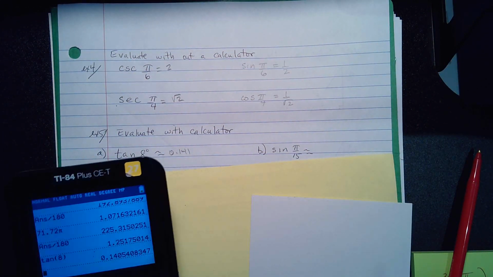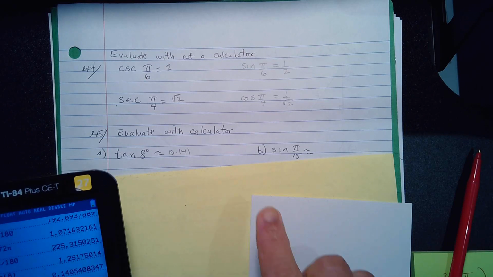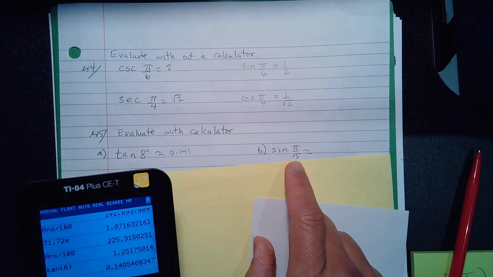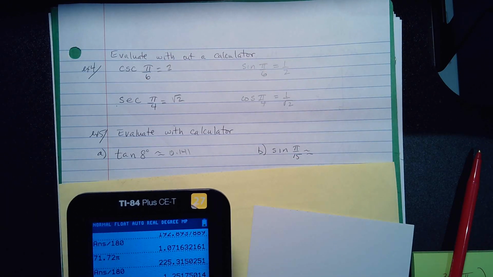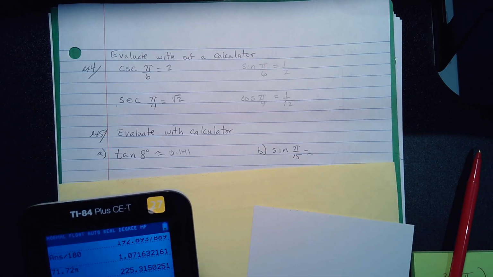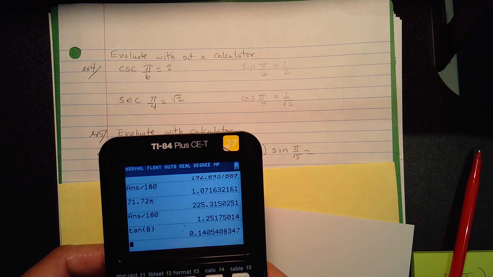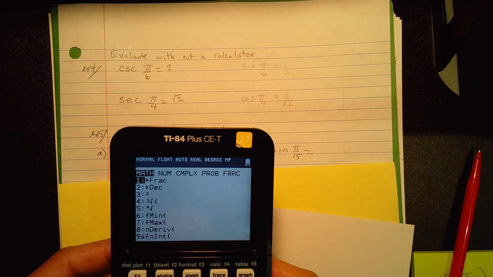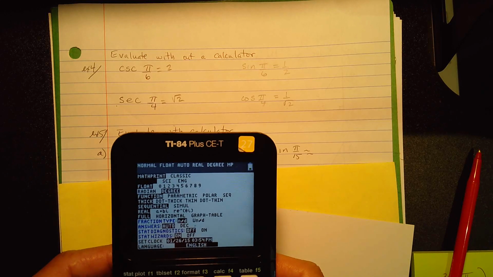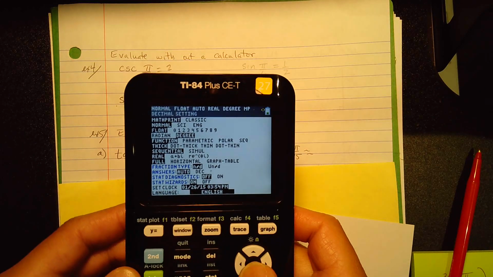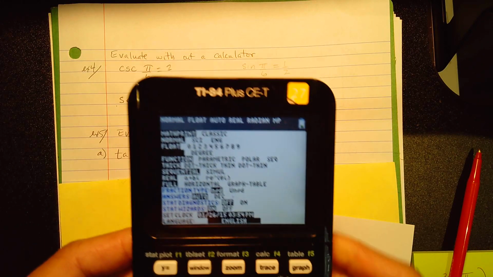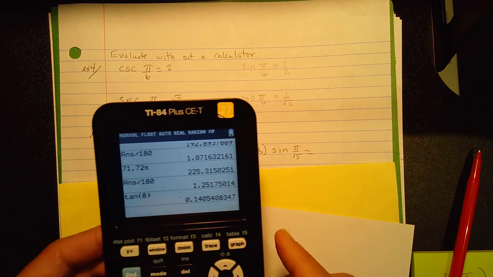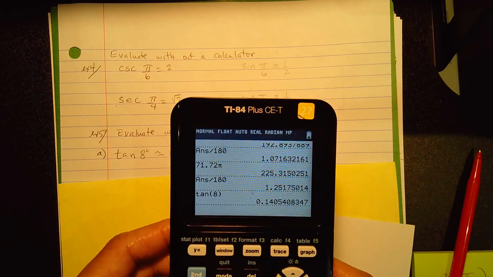Alright, here is radians. The reason I know this is radians is because I see the pi symbol. So whenever you see the pi symbol, that means we're talking about radians. Alright, so adjust it. So go to mode, and now switch to radian mode. Put radian mode, clear this, and now you could evaluate that.